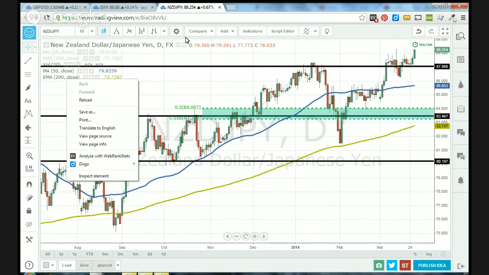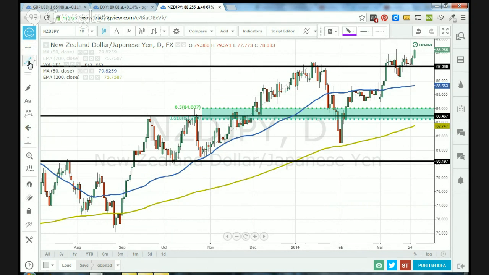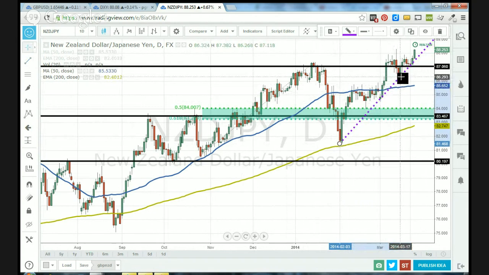Let's actually see, is there a bit of a trend line we can draw? Maybe. Yeah. Okay, so that's been touched a bunch of times. Very steep trend line. So when it's something this steep, it can very easily fall right through it.